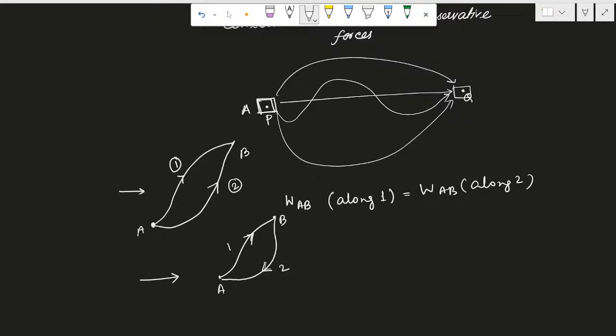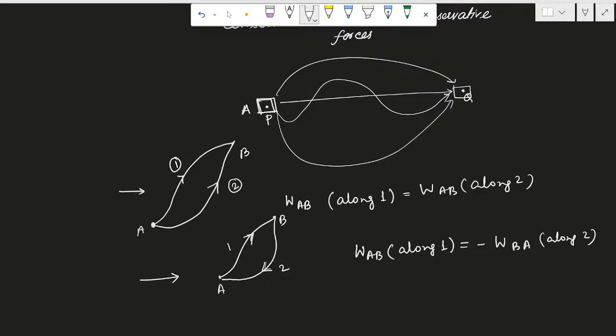What happens in this case? For a conservative force, WAB along path 1 is equal to minus WBA along path 2. Clear or not?